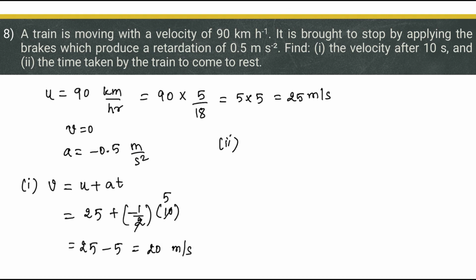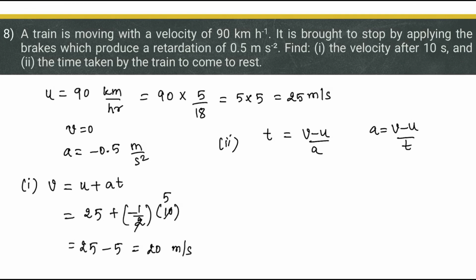Now, we also want to find out the time taken by the train to come to rest. For that we can use the formula T is equal to V minus U upon A. This equation comes from A is equal to V minus U upon T. So if I take T as the subject, I'll get this formula T is equal to V minus U upon A. So T is equal to final velocity 0, initial velocity 25 and acceleration is minus 0.5.